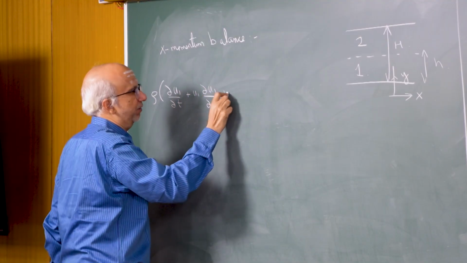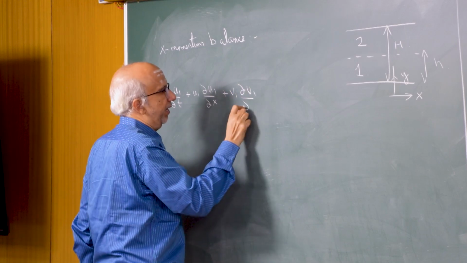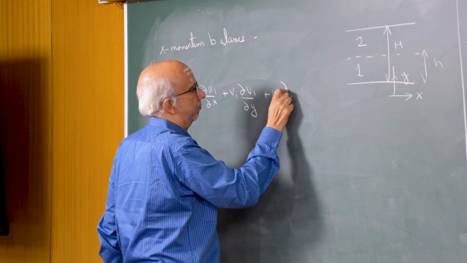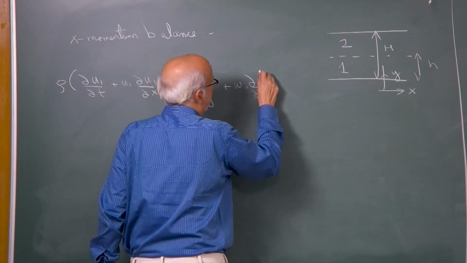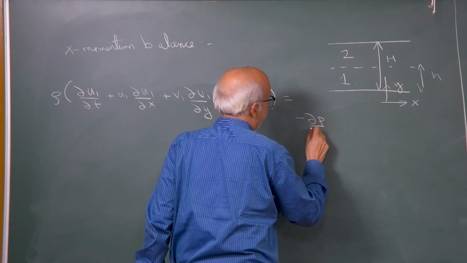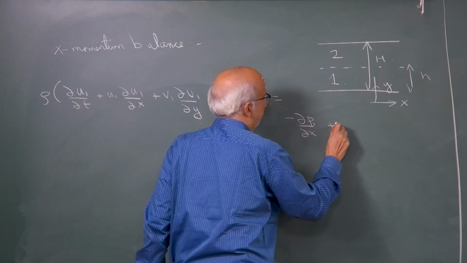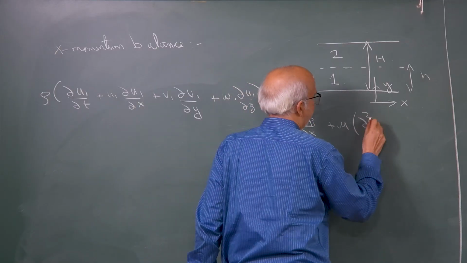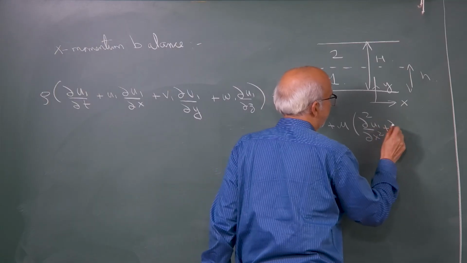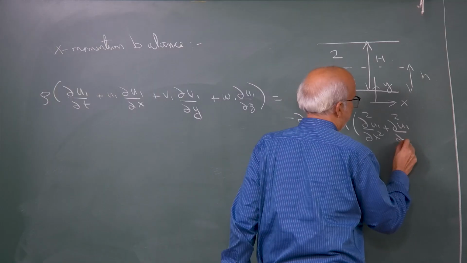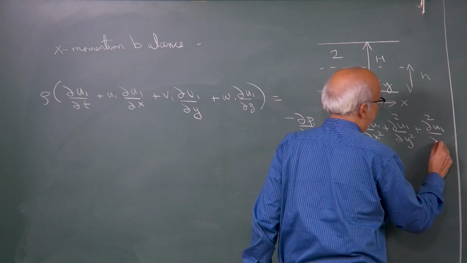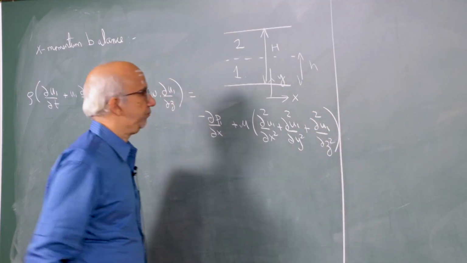This is basically the Navier-Stokes equation which I am writing in the x direction, equals minus dp1/dx plus mu times (d square u1/dx squared plus d square u1/dy squared plus d square u1/dz squared).